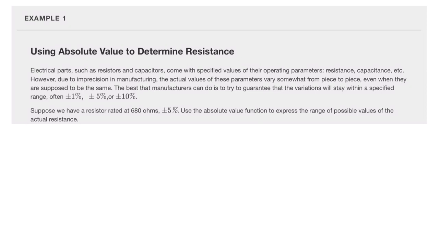If we think about our ohms minus what it's supposed to be, it needs to be within plus or minus 5%. If 10% was 68, an additional 5% would be 34. So it has to be between plus or minus 34 ohms.